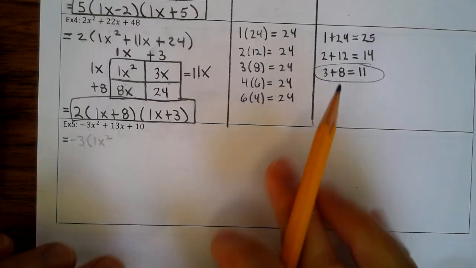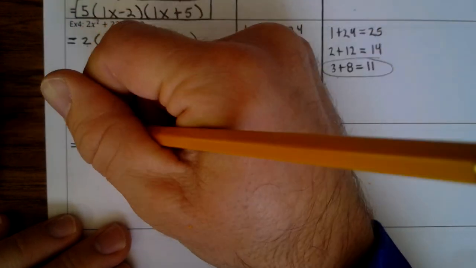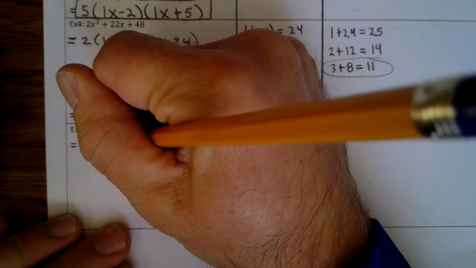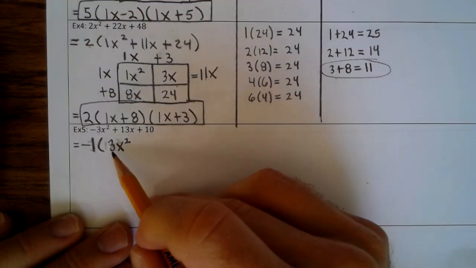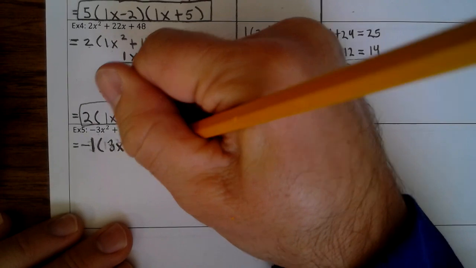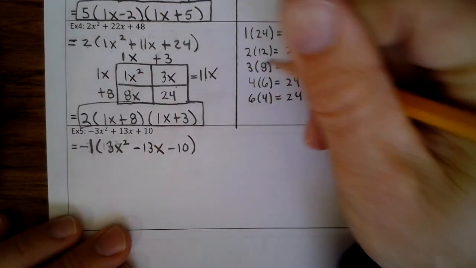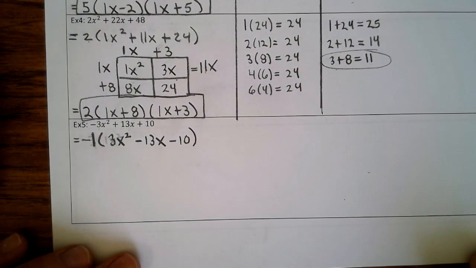So negative 3 divided by negative 1 is 3x squared. 13 divided by negative 1 is a negative 13x. And then 10 divided by negative 1 is a negative 10. Now, again, we're going to draw our box.